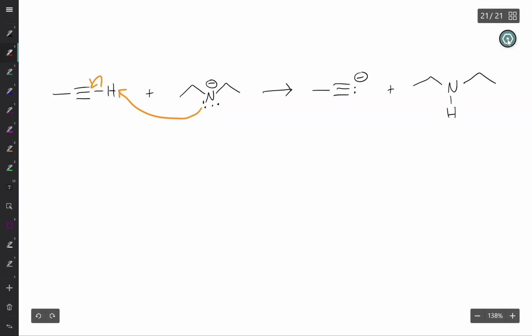So on the left-hand side, the terminal alkyne would be the acid, and this thing would be the base. That means if I go in reverse, now it would be the terminal alkyne that's the base, and the amine that's the acid.